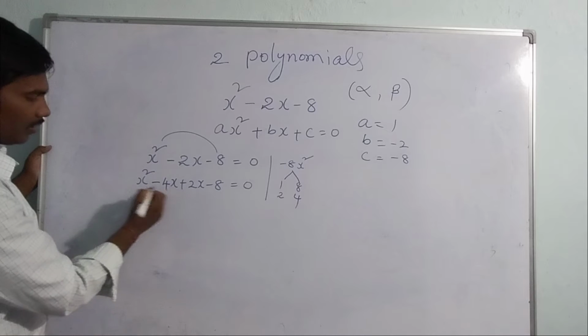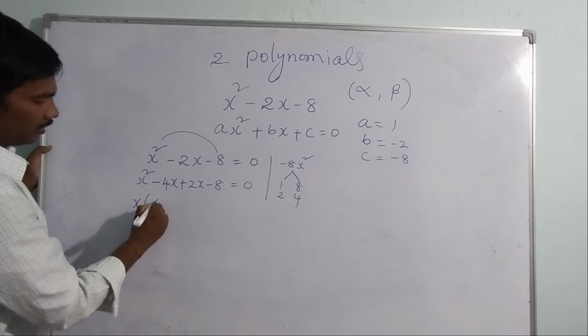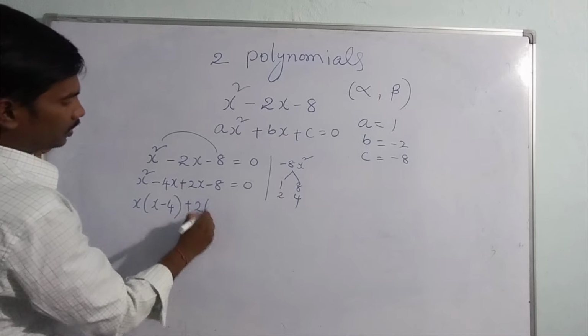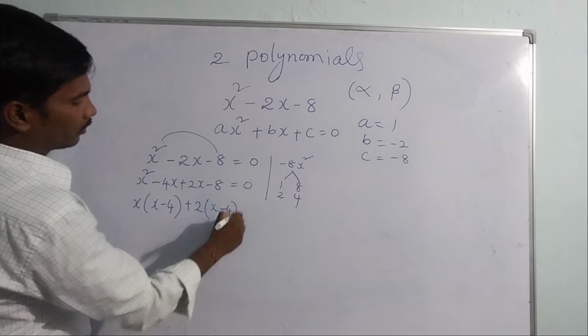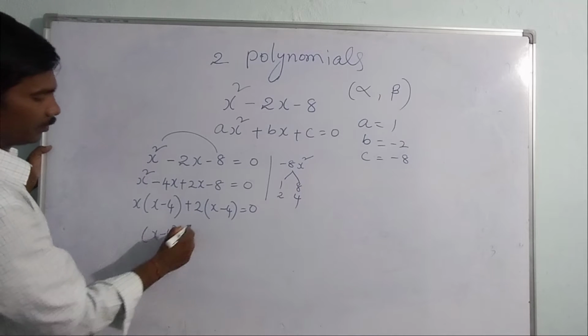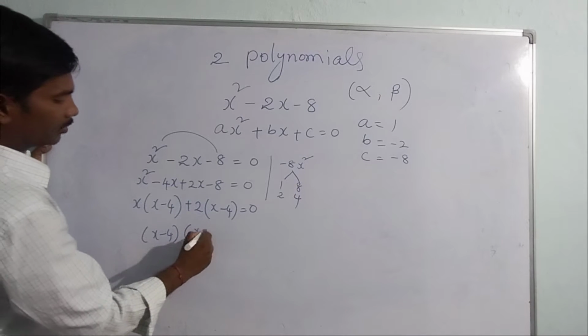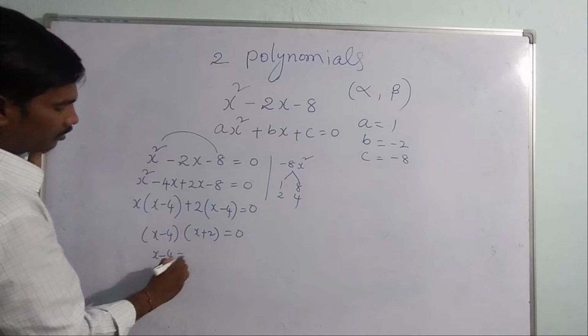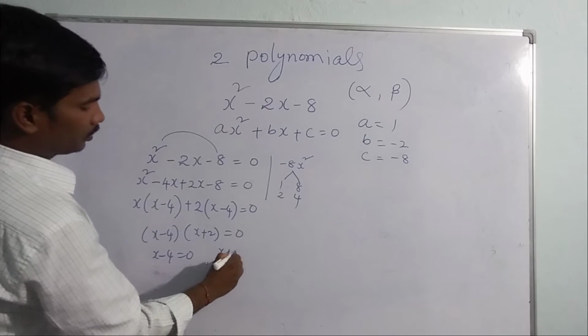What is common in these two? x is common; next, x minus 4 is left here. From the other two, 2 is common, and x minus 4 is common. So we get x minus 4 and 2 left, that is, x plus 2. So x minus 4 is equal to 0, comma, x plus 2 is equal to 0.